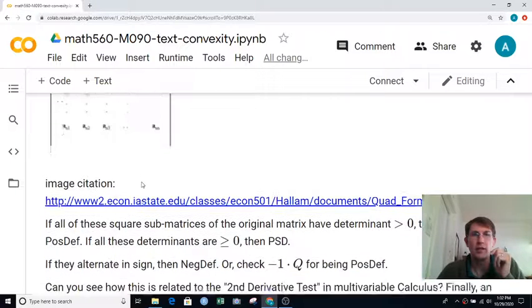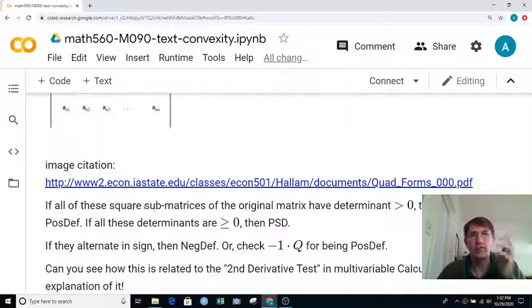And you might say, so let's repeat it. If all those principal square submatrices have a positive determinant, then the matrix is positive definite. If some of the determinants are zero, then the matrix is positive semi-definite. What about negative definite? You might expect them to all be negative, but life is complicated and they would actually alternate in sign. Or what you could do is just multiply the whole matrix by -1 and check for it being positive definite.